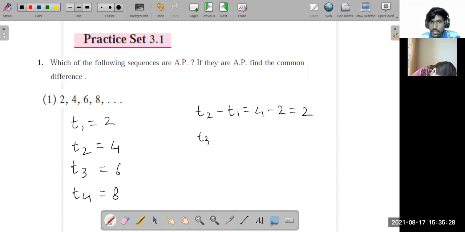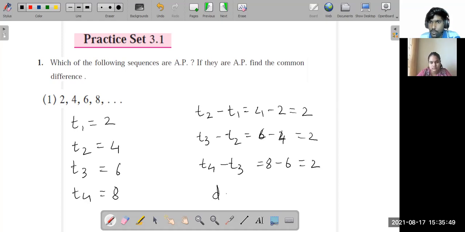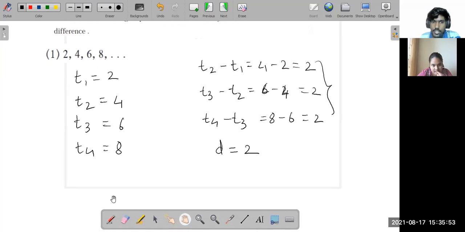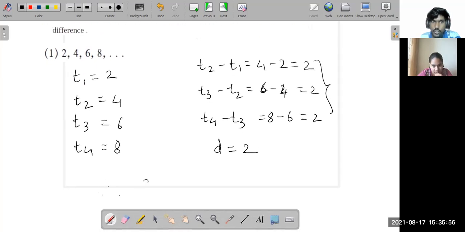T3 minus T2, 6 minus 4, is again 2. T4 minus T3, 8 minus 6, is again 2. So the common difference D is 2 everywhere. Therefore, 2, 4, 6, 8 is an AP.